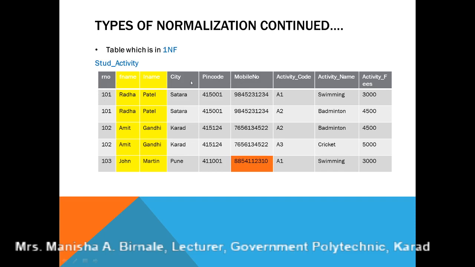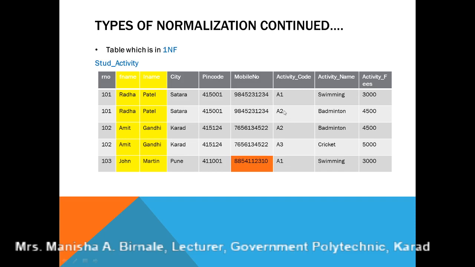By seeing this data you can tell it. Similarly here, the activity name and activity fees attribute values are dependent on activity code. If activity code is A1, then activity name is swimming and activity fee is 3000. Here also, if activity code is A1, activity name is swimming and activity fee is 3000.